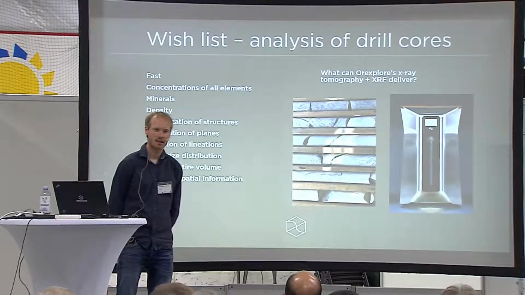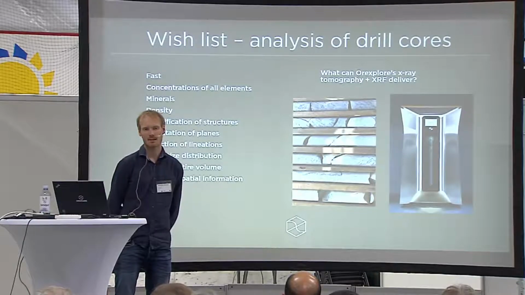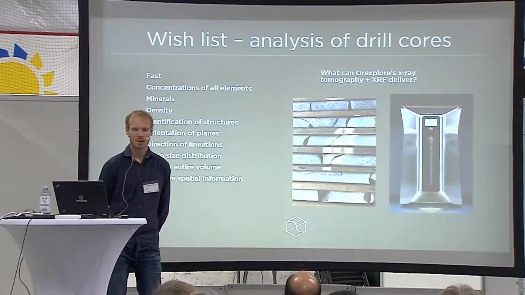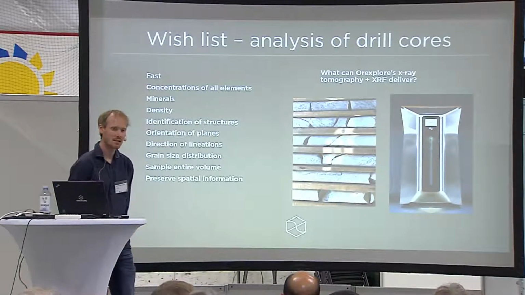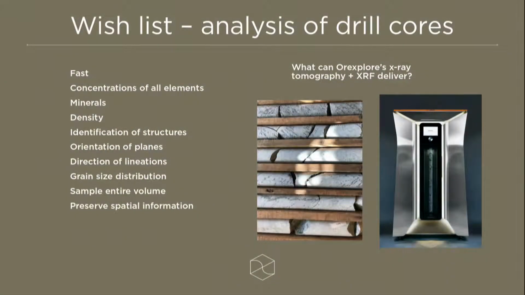So what is the kind of ultimate analysis that you could do on drill core? Well, you might end up with a wish list that looks something like this. You want the analysis to be fast, to be able to make use of the data using as few resources as possible.